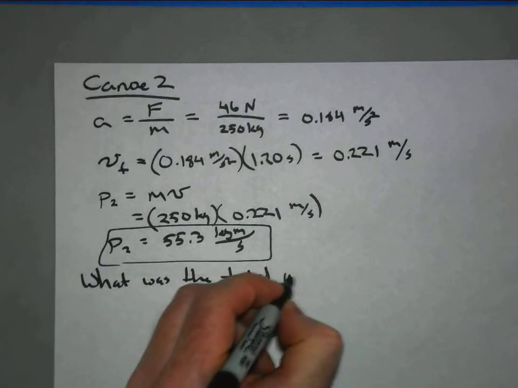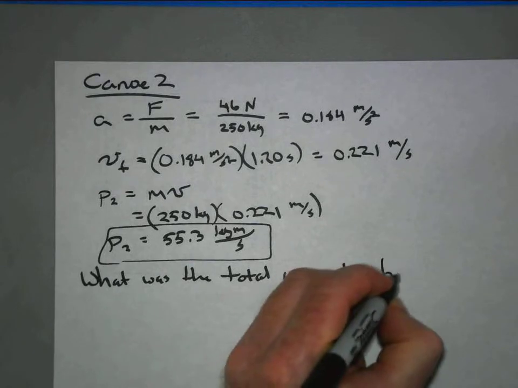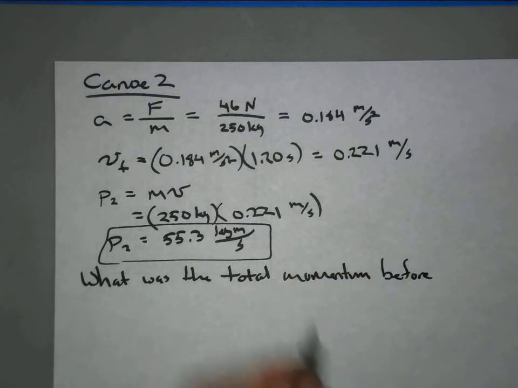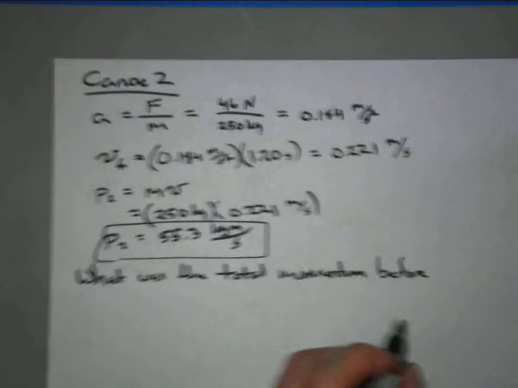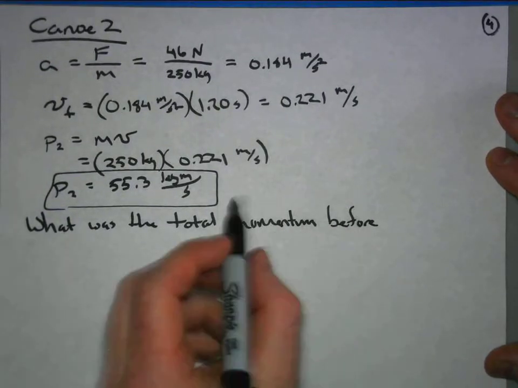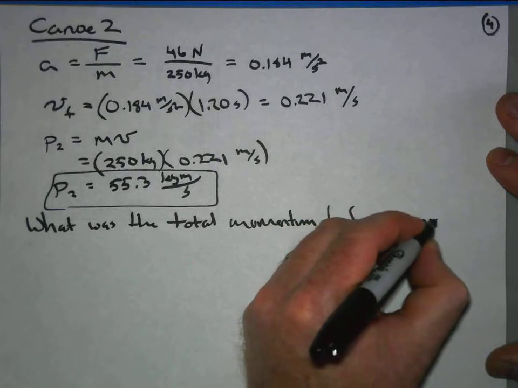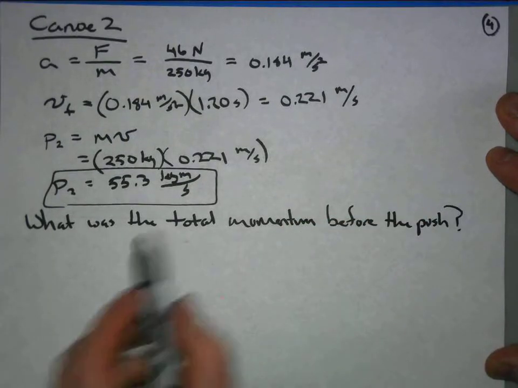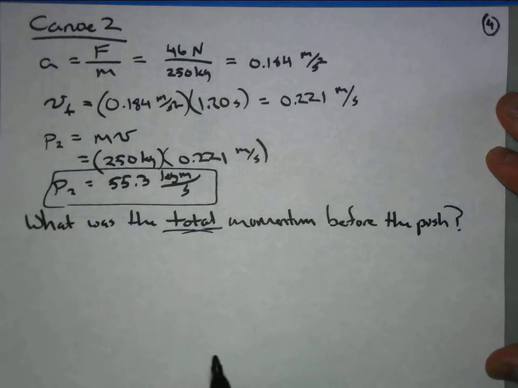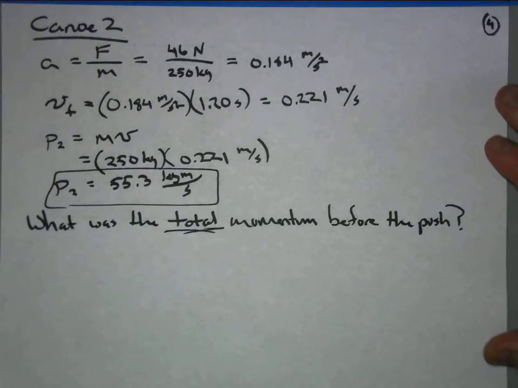What was the total momentum of the whole system? The total momentum of the whole system before the push. The whole system would consist of both canoes combined.